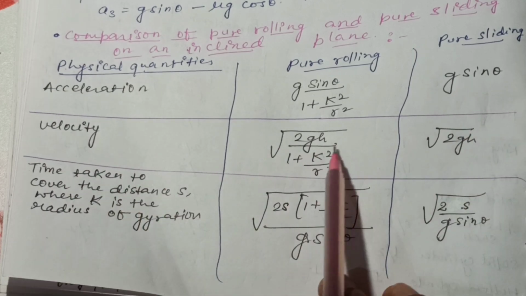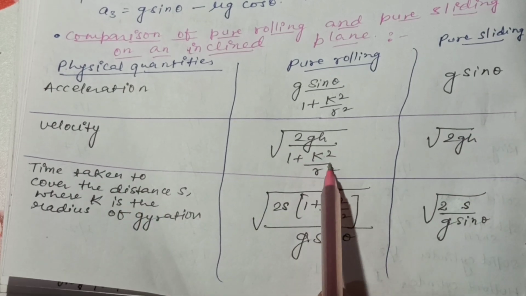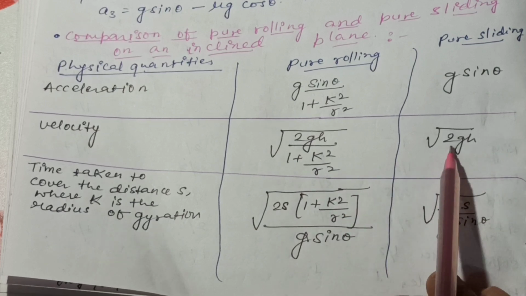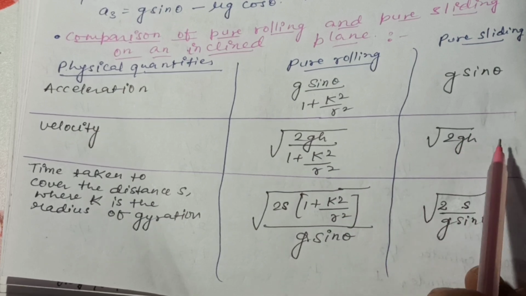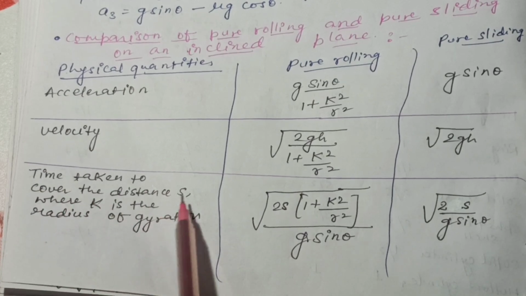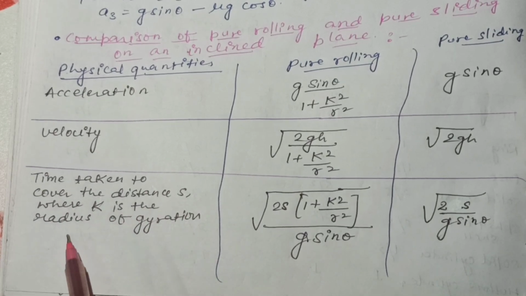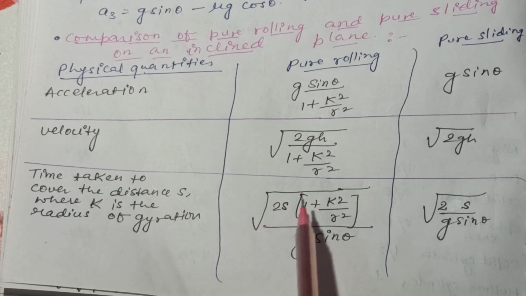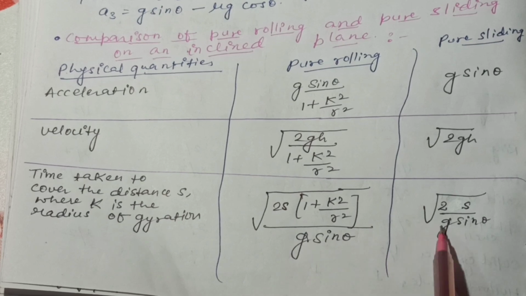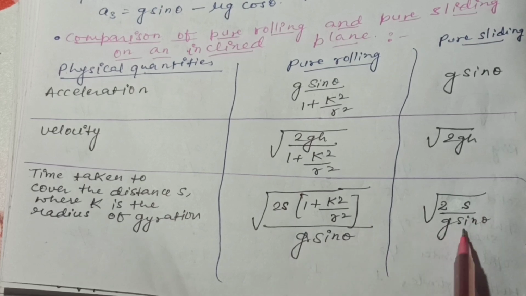Velocity: pure rolling under root 2 g h upon 1 plus k square upon r square; pure sliding under root 2 g h. Time taken to cover the distance s, where k is the radius of gyration: pure rolling under root 2 s in bracket 1 plus k square upon r square upon g sin theta; pure sliding under root 2 s upon g sin theta.